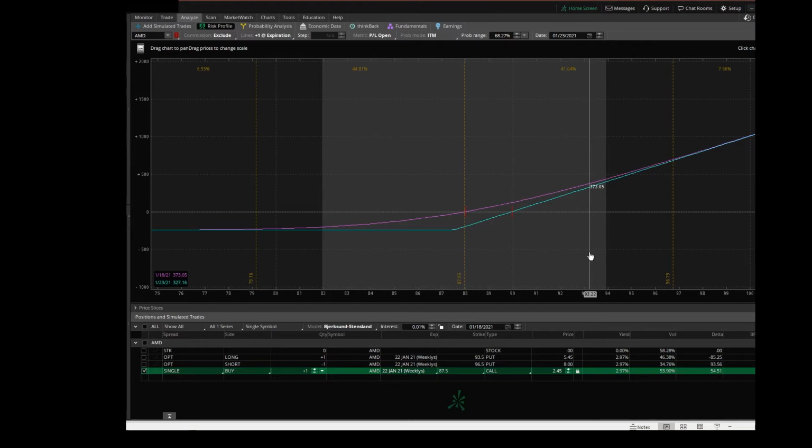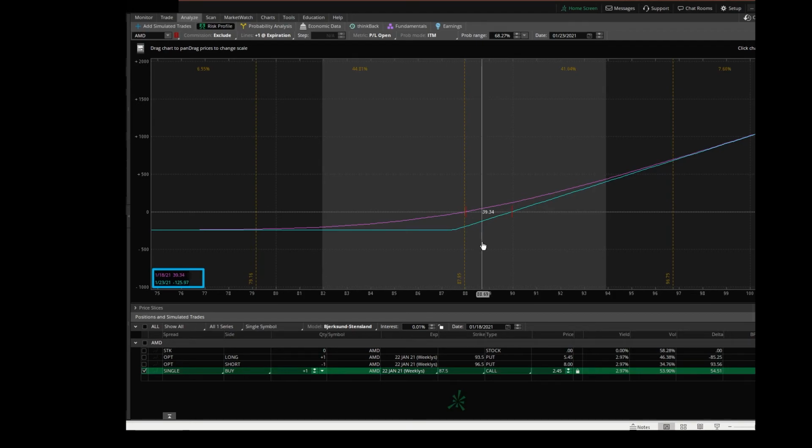Notice that the current break even at around $88 here. So for the purple graph, this is the current profile, and the break even for this chart is at around $88. If you take a look at this area here, this shows you the current date for the purple graph, and then the date after expiration for the teal graph.